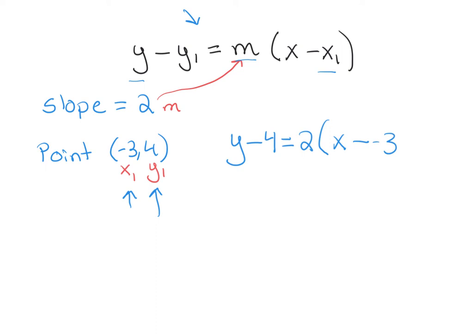Anytime we have minus a negative, it turns into plus. So if you look here, when I have a -3, it turned into +3. When I had a +4, it kept -4.